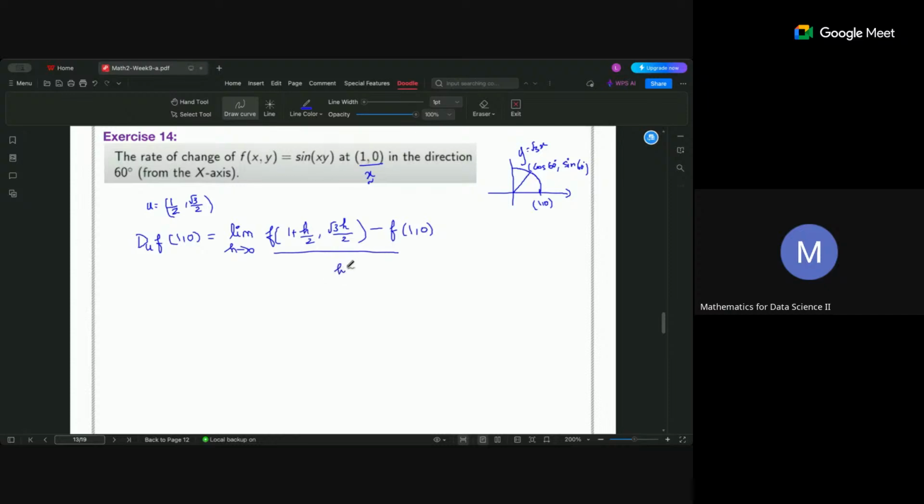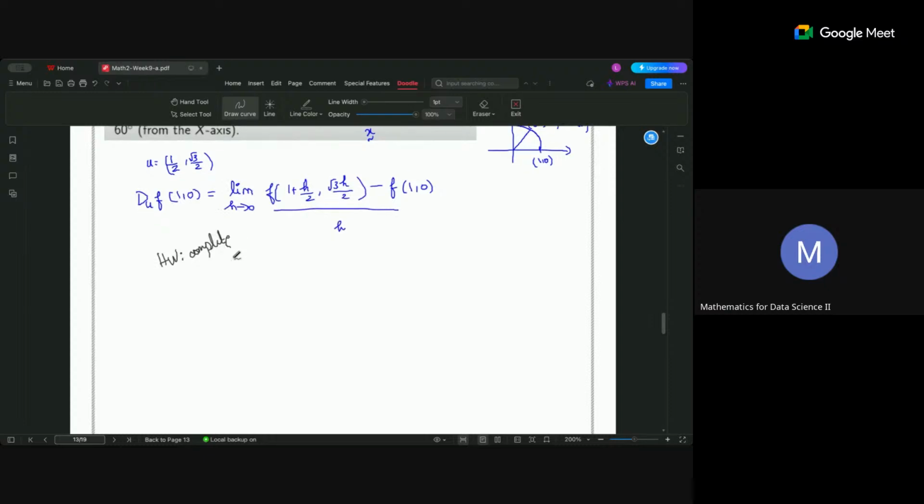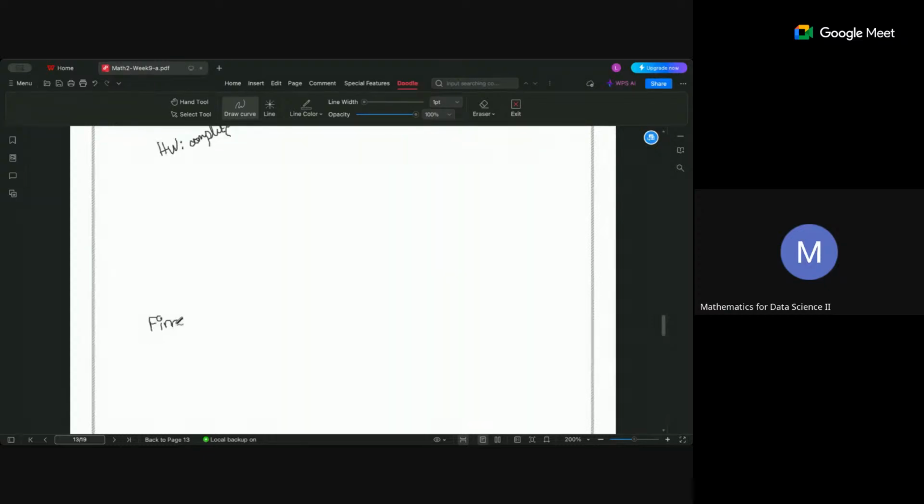So complete this as a homework. Okay, so the final answer is root 3 by 4.